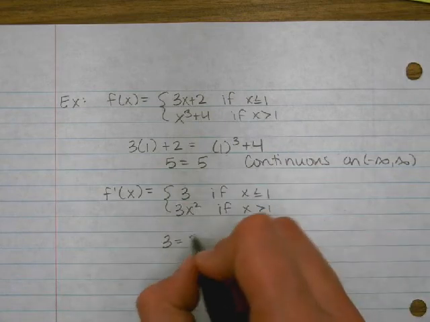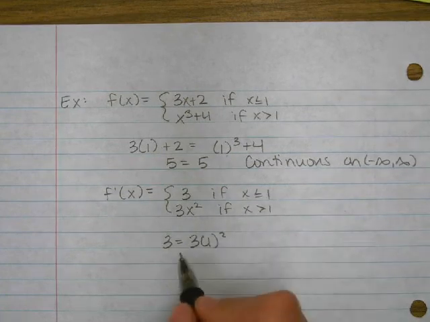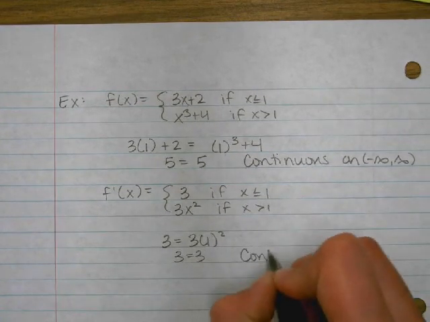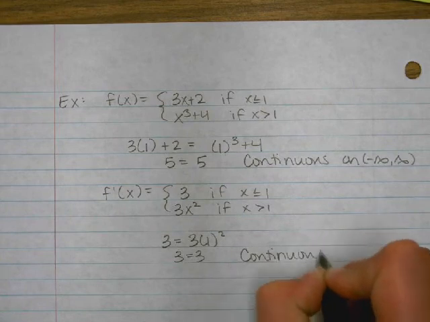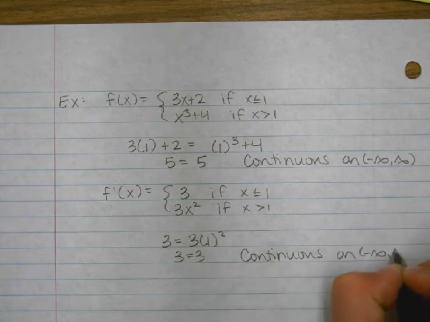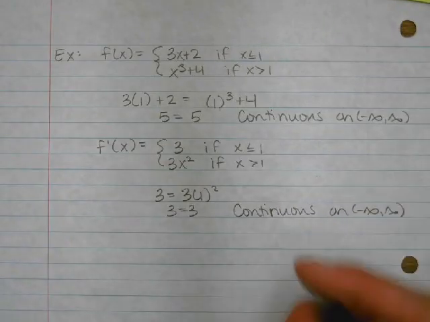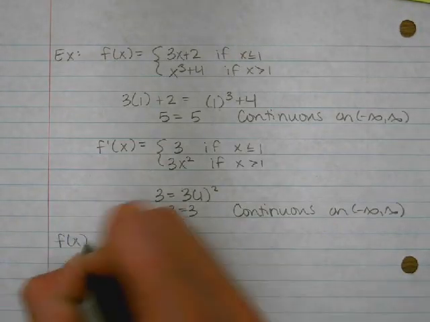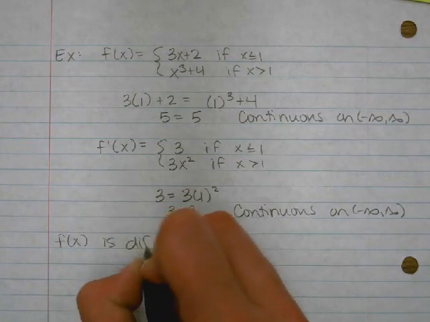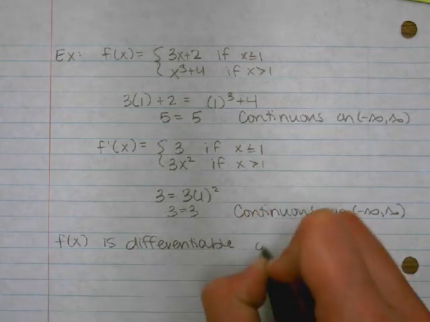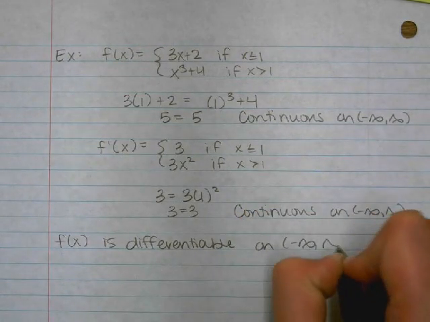If I plug in 1 here, you can see that those two things are equal each other. 3 really does equal 3, so this is continuous. And since both of the graphs are completely continuous, then we're going to say that f of x is differentiable on negative infinity to infinity.